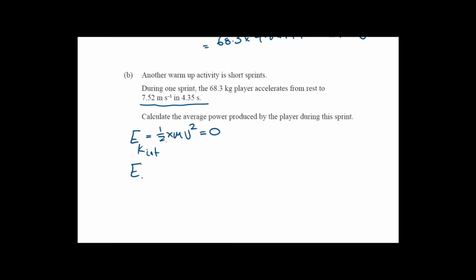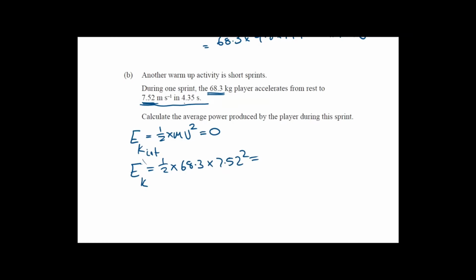So the kinetic energy that we have at the end, when he's going that speed and that much mass, is going to be half times the mass, 68.3 kilograms, times 7.52 squared.